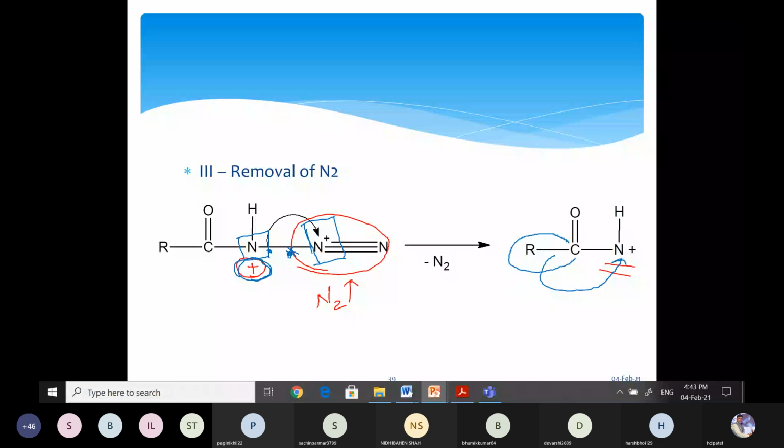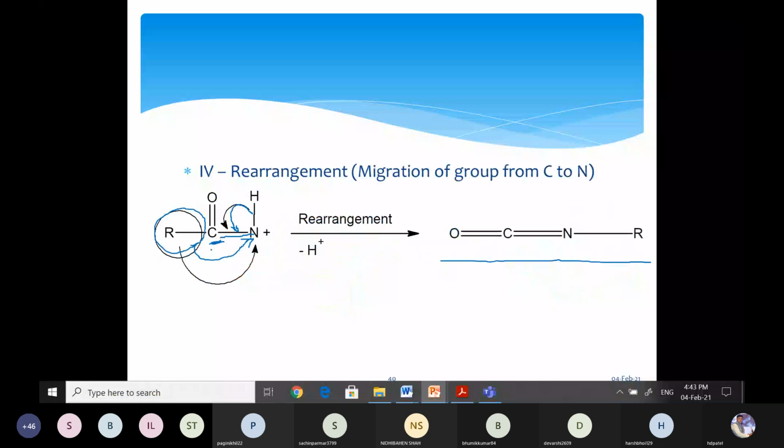Now in the next slide, here you can see nitrogen having positive charge, and that's why the group will migrate with its electron. That is, R will migrate with electrons, meaning it will pull electron from the carbon and its own. So it is called nucleophilic migration, and as a result it will bind with the nitrogen.